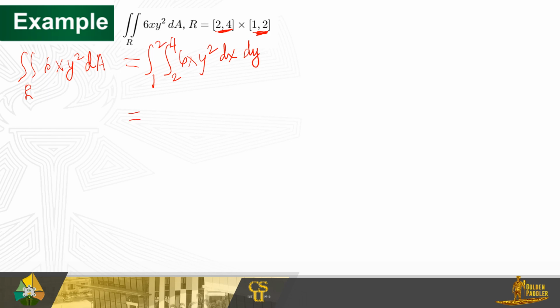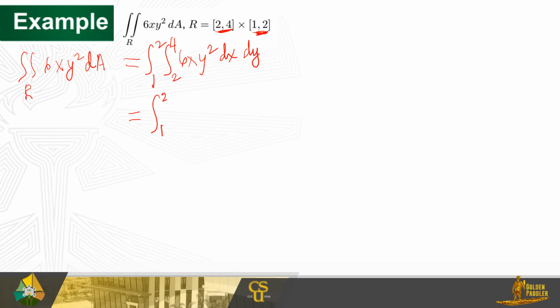Evaluating this integral, we have the integral from 1 to 2, then we integrate with respect to x. Since we are integrating with respect to x, the other variable is considered constant. So the 6 is constant, and this y squared will be constant since we are integrating with respect to x.